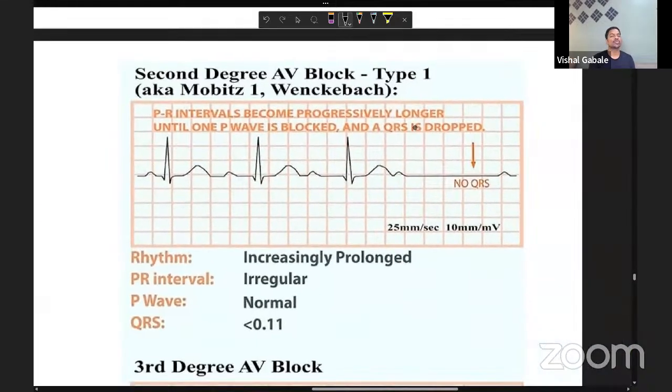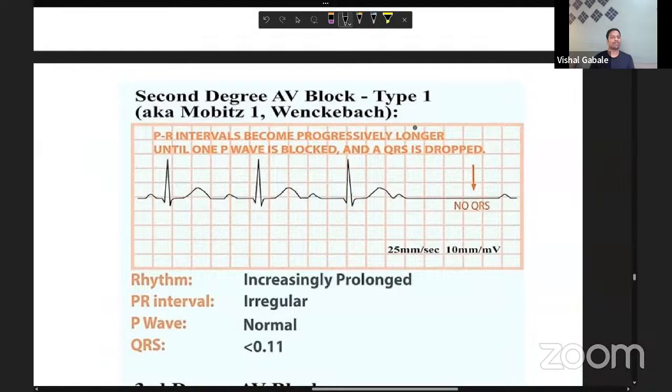Now let's look at this Wenckebach phenomenon or Mobitz type 1 heart block. This is nothing but your second degree heart block, where intermittent conduction will occur, and the first is Wenckebach's wave. Now what happens in this Wenckebach? Some signals pass, but gradually they progressively prolong until at one point the P wave is completely blocked. So let's see here: 1, 2, 3, 4, almost 4 boxes.